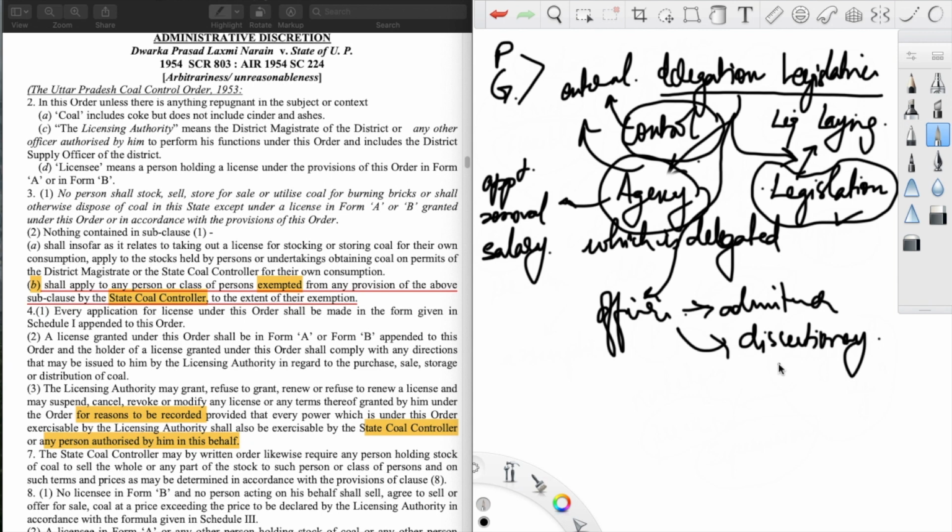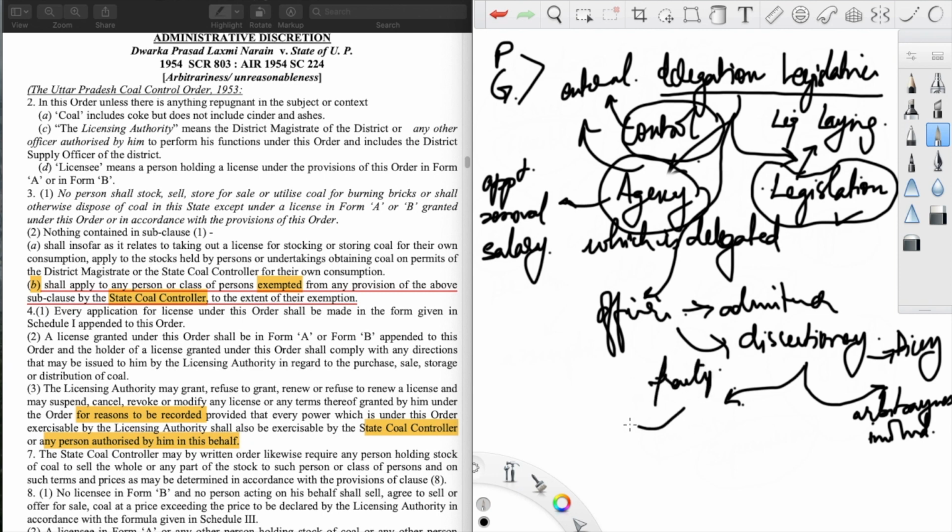Now, if you remember Dicey, he said that wherever there is a discretionary power, there is arbitrariness involved, because discretion is application of mind, and the officers responsible for applying the discretion will have the same human frailty and then exercise that discretion for their own benefit.